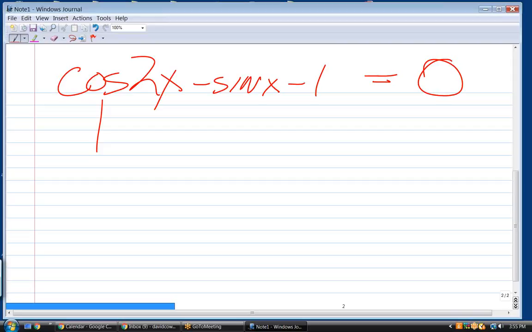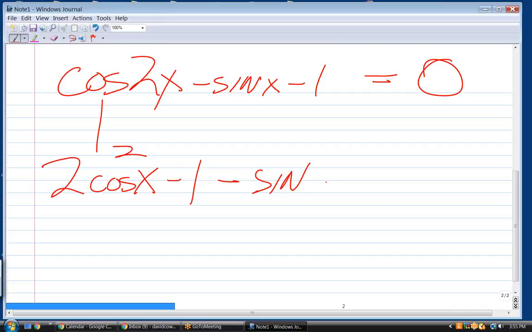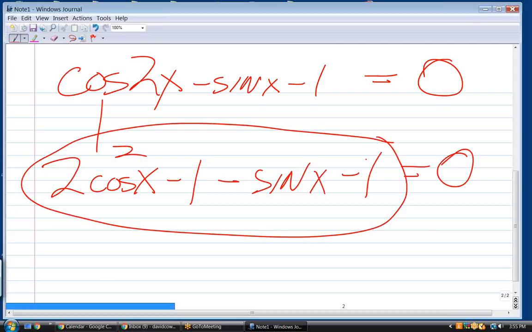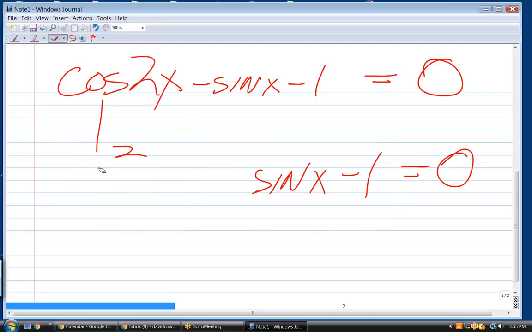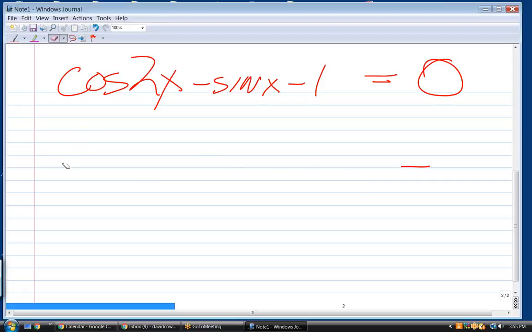If I use one of the other two identities, now I don't have anything that I can solve. I don't have everything in the same trig function. In other words, I cannot factor that because I got cosines and sines. So you always want to end up with your quadratic being in the same trig function. Then you can factor it just like it was a polynomial.